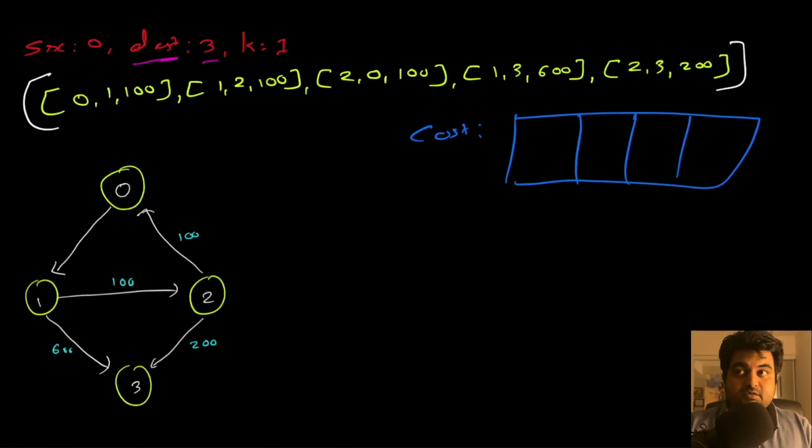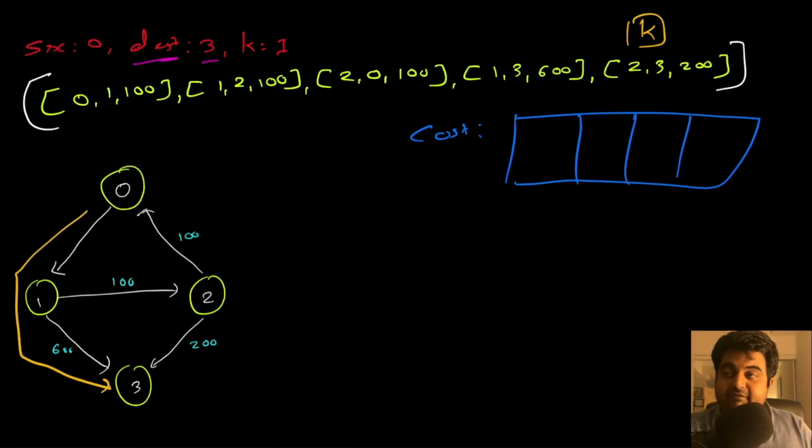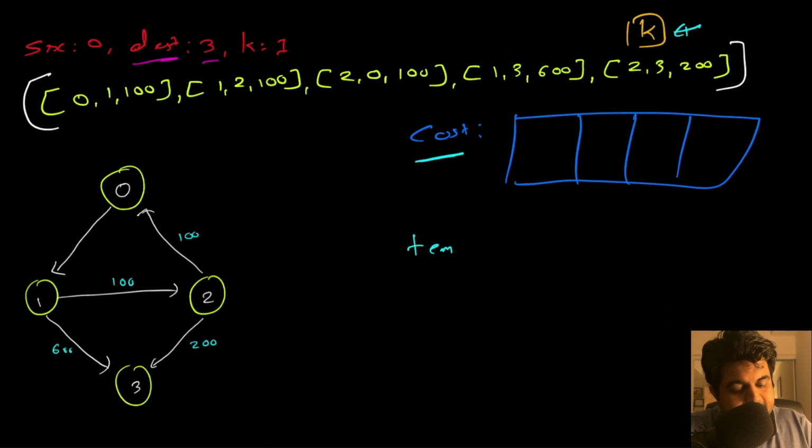Now the second layer of complexity is the value of k, because notice that in one of the examples we saw, if we only have to make one stop, then we come up with a different cost. But if we are allowed to use two stops, then we come up with a different cost. So once again, we are going to be using the same logic. And in order to justify the value of k, apart from using this one, we will also have to use a temporary array for every single value of k.